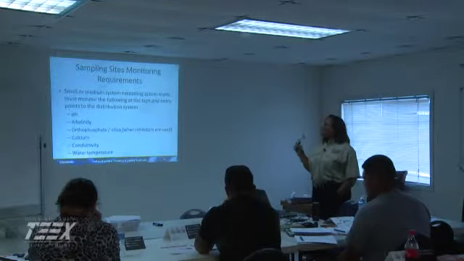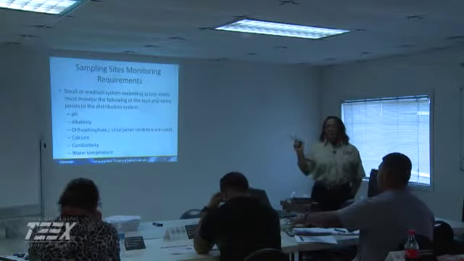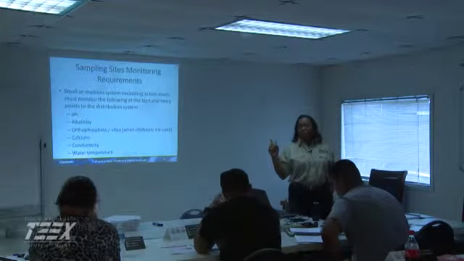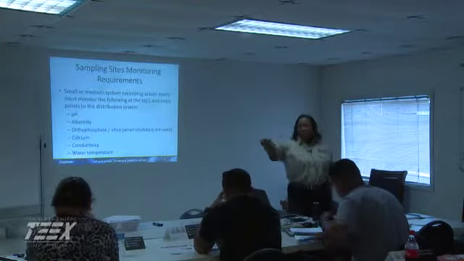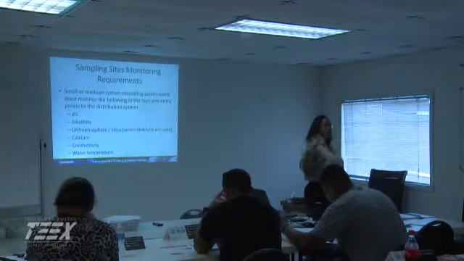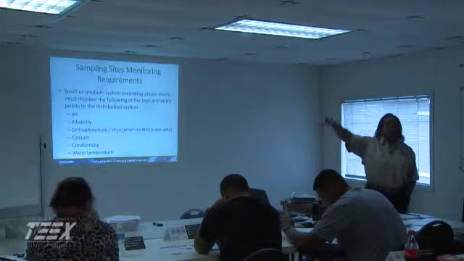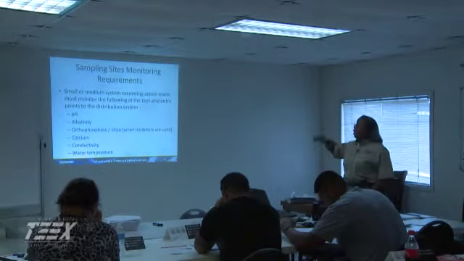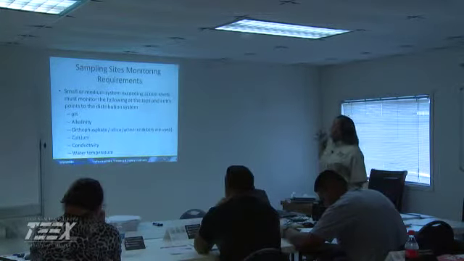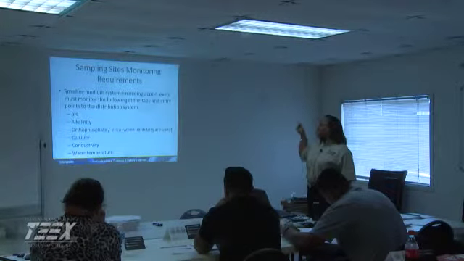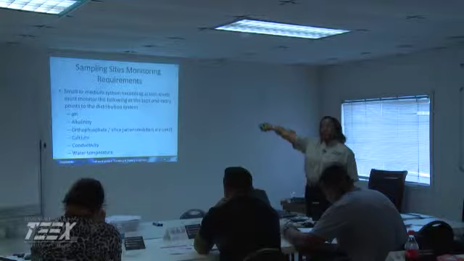Now for your small or medium systems, EPA says a small system is what size population? 3,300. 3,300, very good. So then my medium would be that 3,301 to 10,000. So for small and medium systems that exceed the action level, they must monitor the following at the taps and entry points to the distribution system.